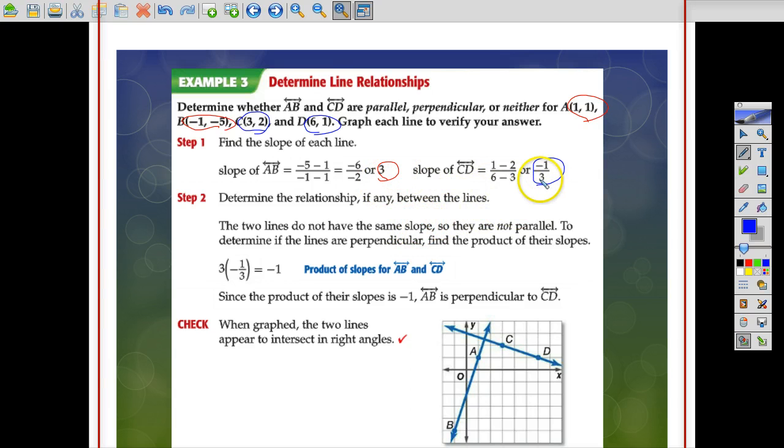They are perpendicular, because we say change the sign and flip it upside down. The product is going to be equal to negative 1. So that means AB and CD are perpendicular to each other. Okay, and you can graph these two lines and see that they are in fact perpendicular, 90 degrees to each other.